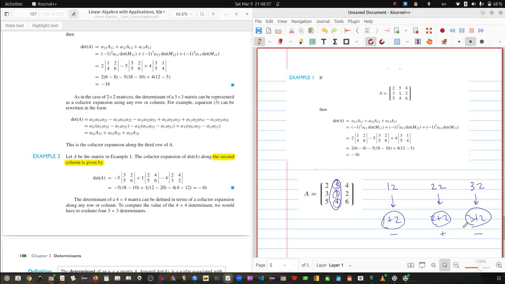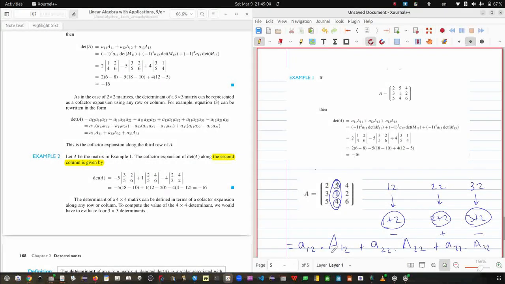It means in this case, our three terms, when we are doing the determinant, we are saying it is A12 times cofactor of A12, plus A22 times cofactor of A22, plus A32 times cofactor of A32.